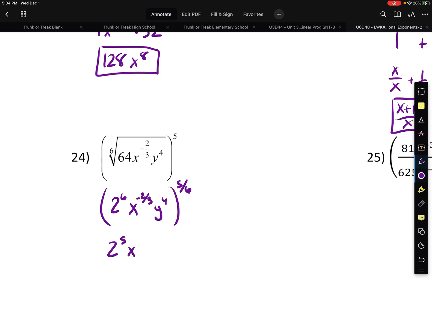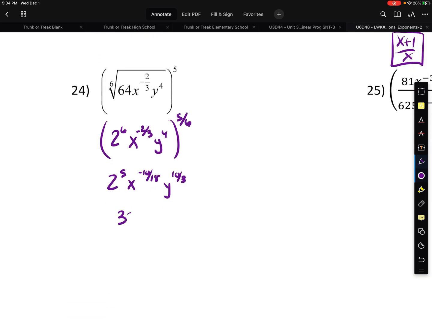Then negative 10 over 18. And then 20 over 6, which is 10/3. So I'd have 32 y to the 10/3 over x to the 5/9. Done.